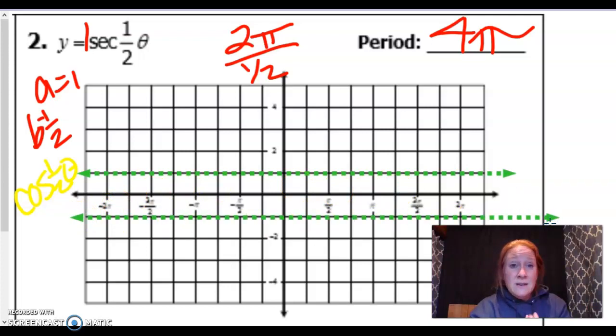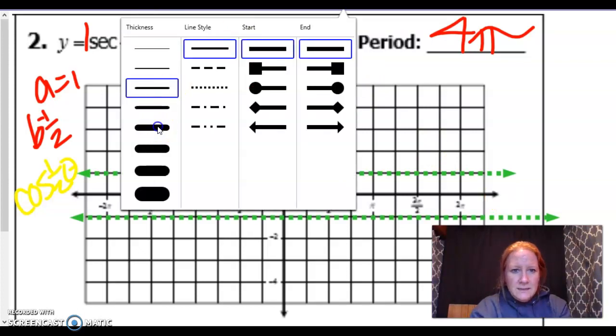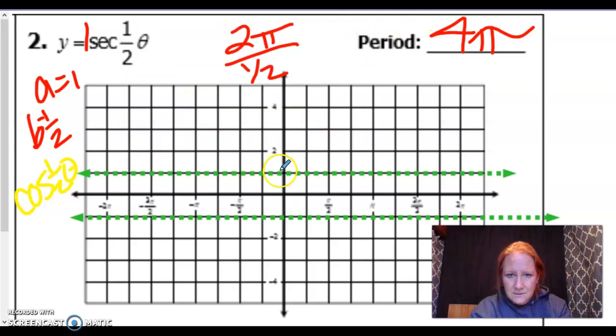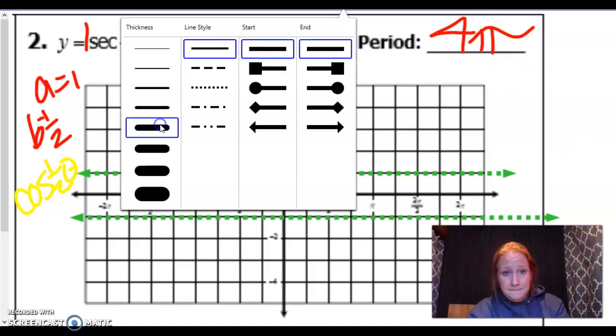I know that cosines start high, so I'm going to grab my red and put that in there. So it starts here. Now, it would get back at 4 pi. Ugh, that's way out here. But I know that it's going to bottom out halfway between 0 and 4 pi. So it's going to bottom out at 2 pi, and that I can fit in here.